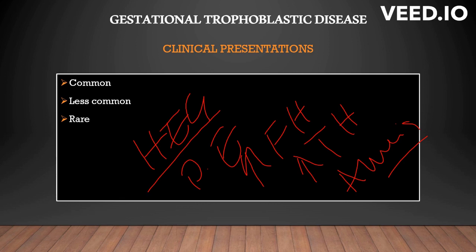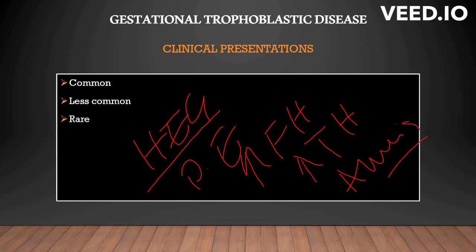Second, early onset preeclampsia. This is one of the conditions where we find early onset preeclampsia, along with other conditions such as multiple gestation or antiphospholipid syndrome. Because preeclampsia is a placental based pathology, we all know, and molar pregnancy is also a placental based pathology, preeclampsia is commonly seen in such patients.